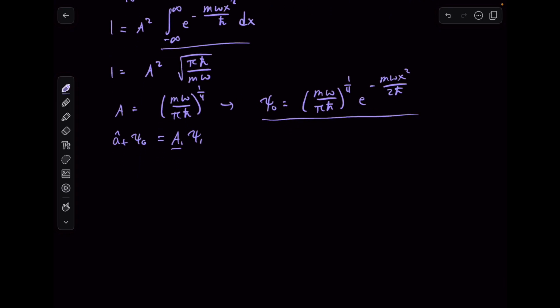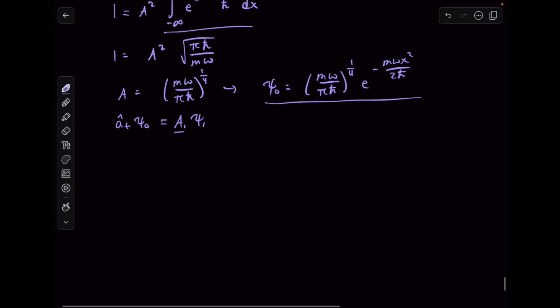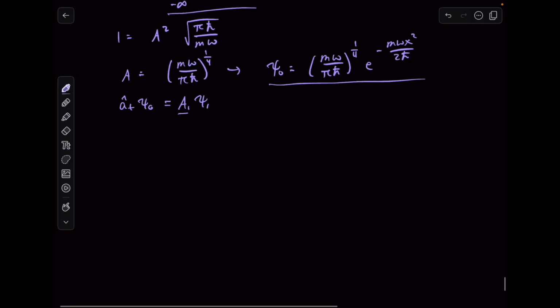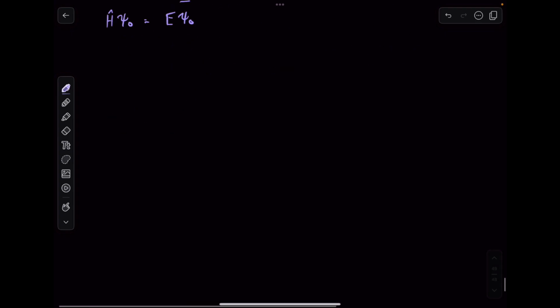Now what's left is to determine our energy levels that correspond to each of these states. And we know that the energy levels are going to be separated by h bar omega. So since we know the separation, all we have to do is determine the ground state energy. So what's the minimum energy? That's simple. That's just whatever our Hamiltonian is going to give us when it acts on our ground state. We can simplify our calculation by rewriting our Hamiltonian.